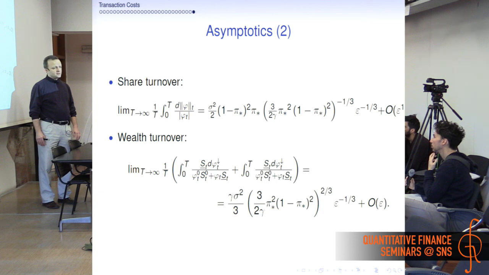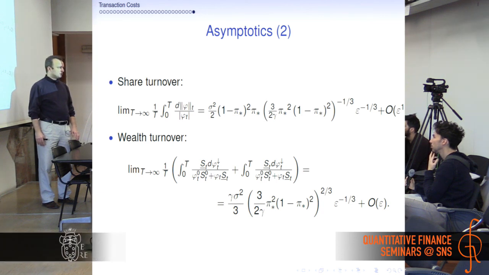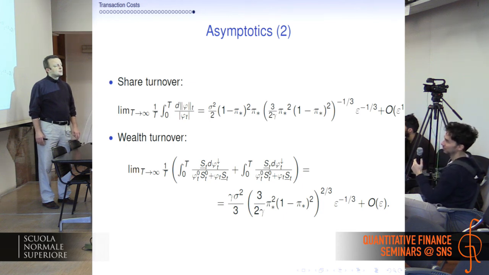I'm not even sure whether this is of power type. But one quick and dirty way to try to find out is probably to use exponentially distributed horizon, which is easier to deal with.